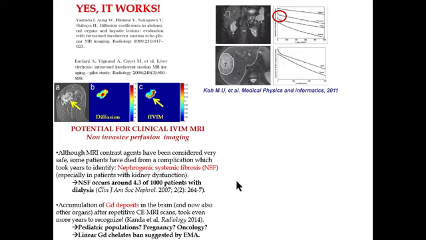So the nice point also is that if we consider contrast agents as our reference for perfusion imaging, we should be very careful, first because some patients, especially with a kidney dysfunction, might get a nephrogenic systemic fibrosis, which could be deadly. But more importantly, I think now people are getting scared of receiving gadolinium because it has been shown that gadolinium deposits in the brain.